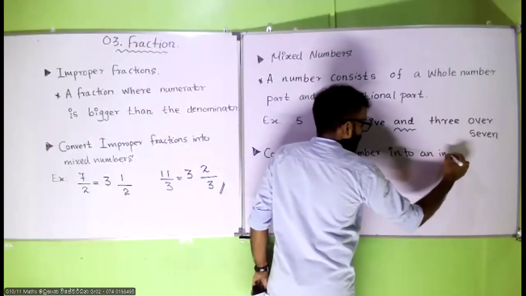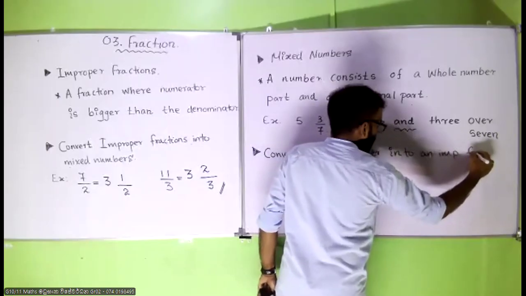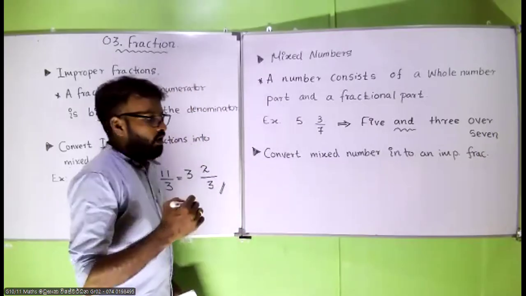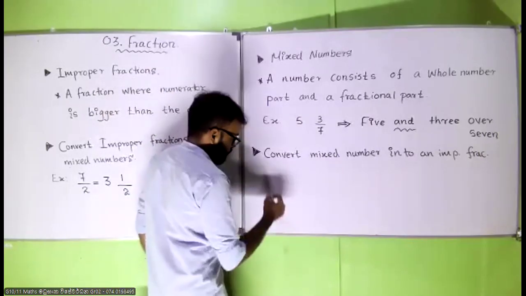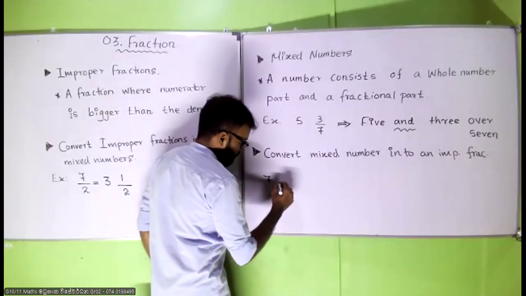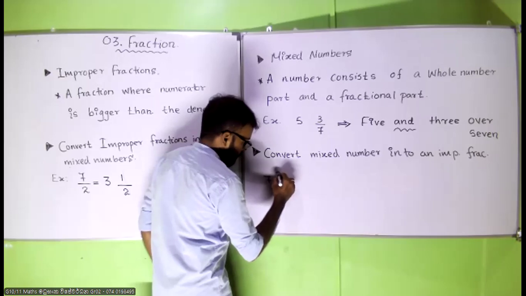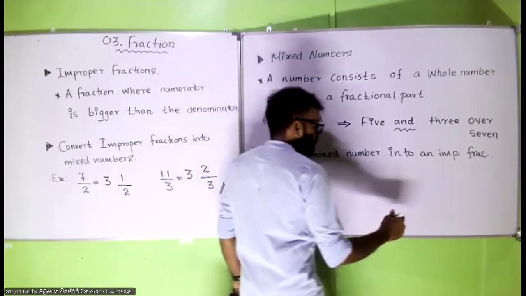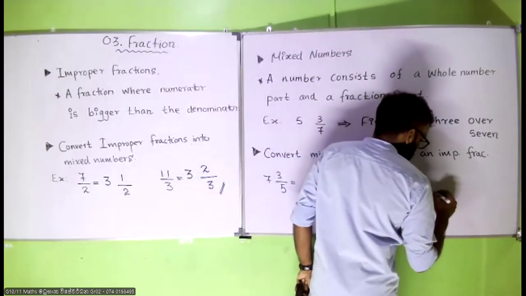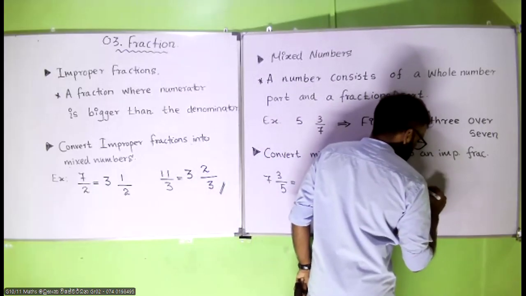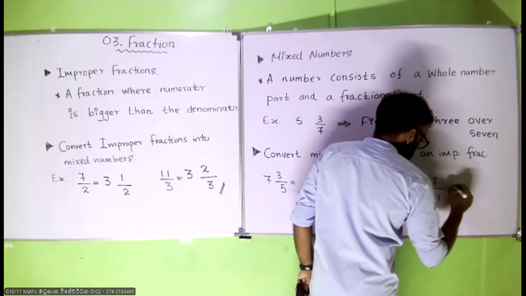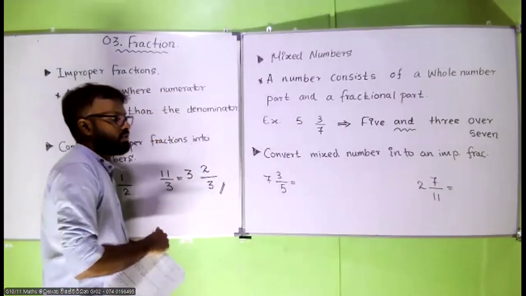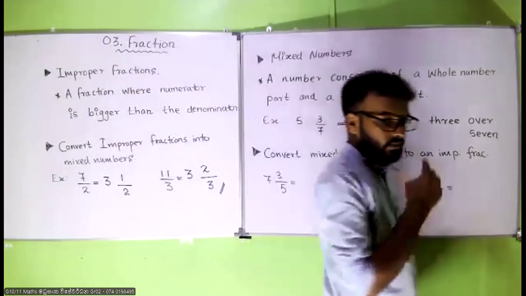Right. I'll give you some. Convert this into an improper fraction, and this into an improper fraction, and I will give you 15 seconds to convert. Do it fast.